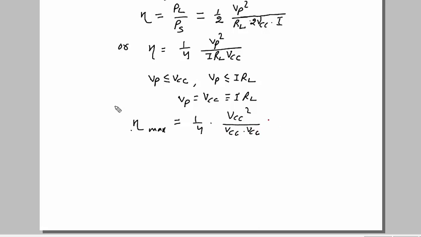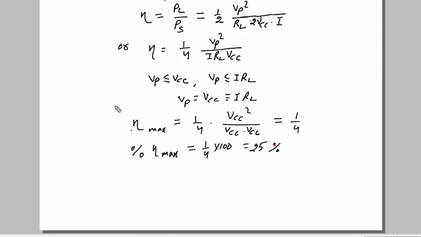So we get simply 1 by 4. If you want percentage, the maximum efficiency will be 1 by 4 into 100, which is 25%. So the maximum efficiency of a class A power amplifier is 25%.